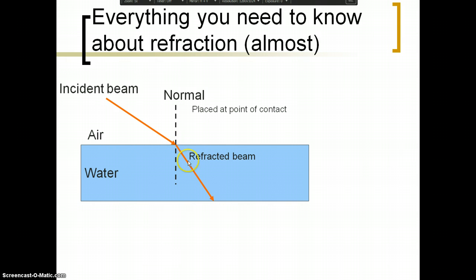It bends towards the normal. So we can say that if the light slows down, because when it goes from air to water it slows down because water is denser, it bends towards the normal. And this is true always. If the light slows down, it's going to bend towards the normal.